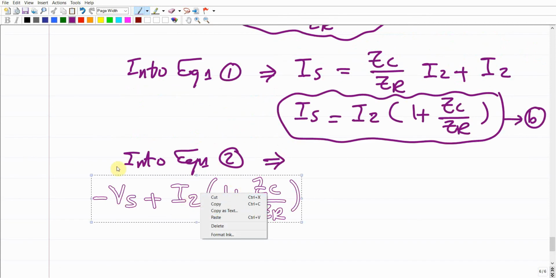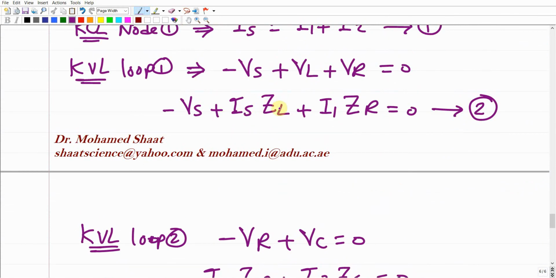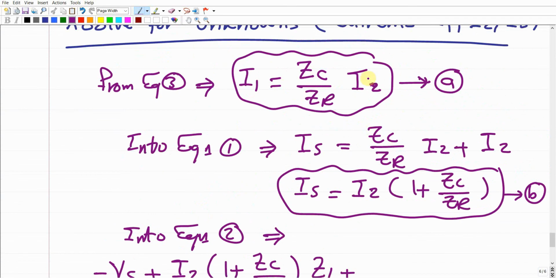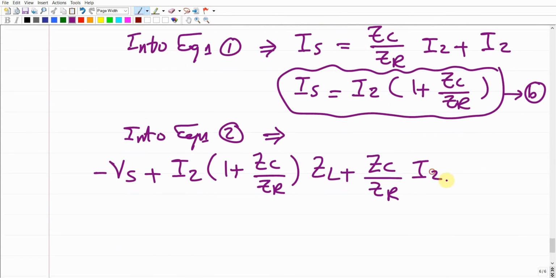This is just IS, and as you can see here, the IS is multiplied times ZL, plus the I1 that we already got, times ZR. We already have I1 in terms of I2, and we have the I2 in terms of IS, right? So we can write this one as ZC over ZR times I2. Then we could substitute for I2 from equation B, but let us do it in another step. So this times ZR equals 0.